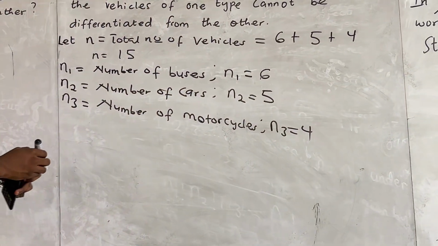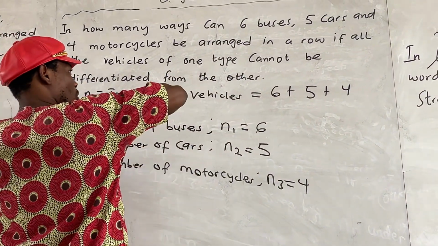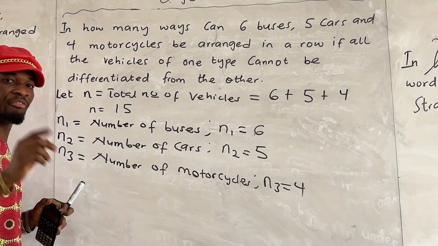As simple as that. So how many ways can we arrange all these vehicles?